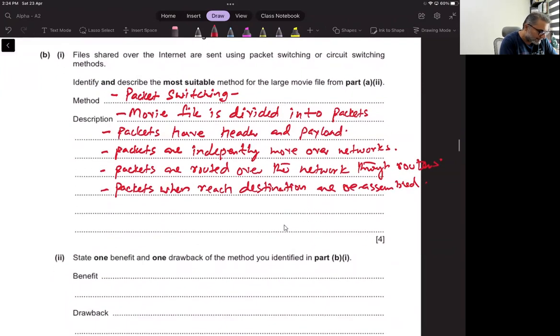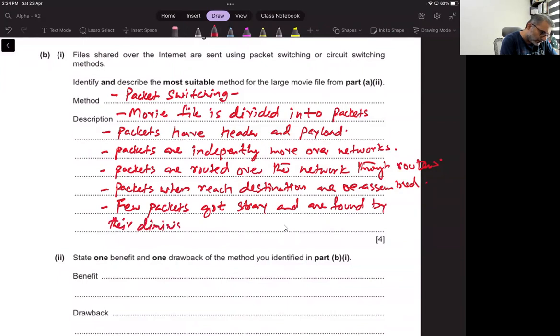A few packets get stray and are found by their diminished hop number and are killed by the router.